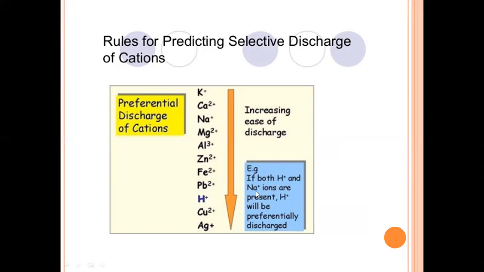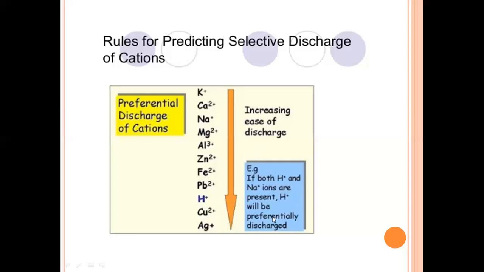If sodium and hydrogen ions are present in a solution, then what happens? So this is the sodium, and here is the hydrogen ion. We know the increasing ease of discharge goes from there. It means hydrogen is preferable according to this reactivity series.